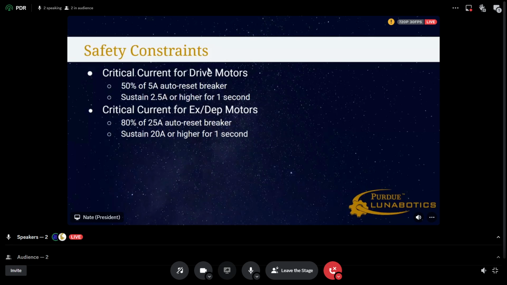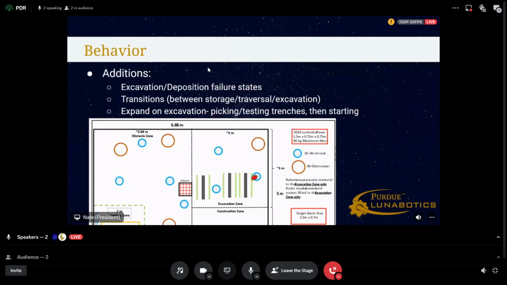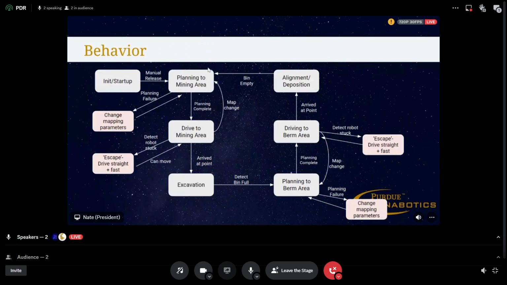Looking at your behavior flow chart, you have failures in driving. Oh wait, that says straight. I misread that as forward.